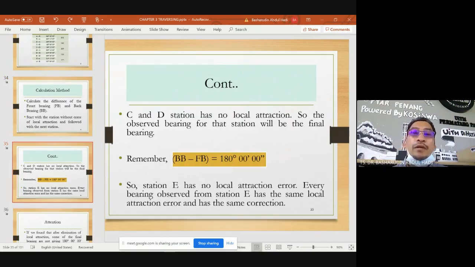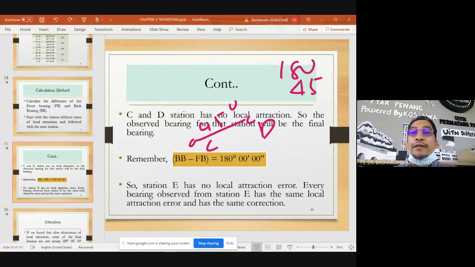Okay, continue. Stations C and D have no local attraction, so the observed bearing, for example, from C to D is 45 degrees, and D to C should be 180 degrees plus 45.